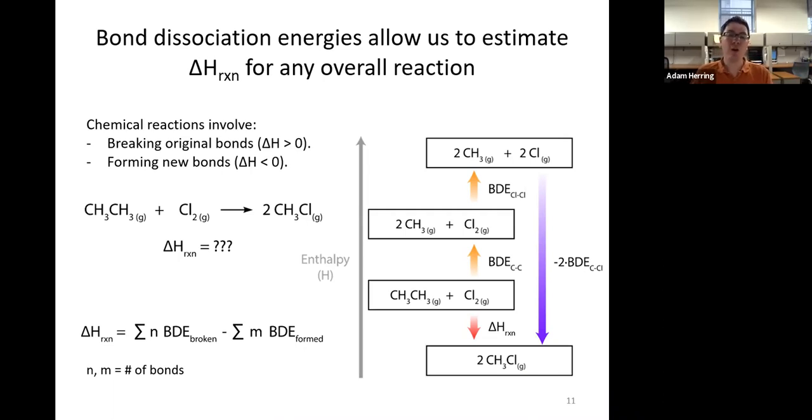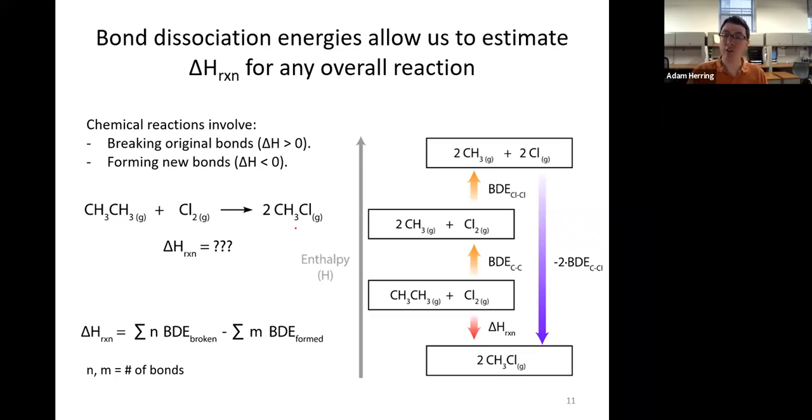So if we want to look at the energy of a reaction where we take ethane and react it with chlorine gas to produce 2 molecules of methyl chloride, we can determine how much energy is involved by looking at the bonds that are broken and summing up the energy required to break those bonds and accounting for the energy released for every bond that is formed. So we can look at this in a stepwise process.